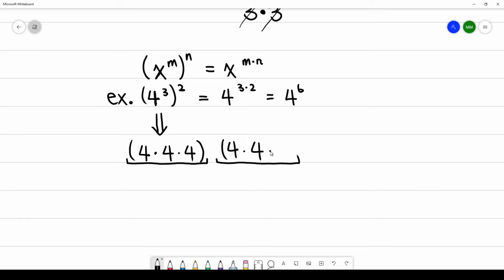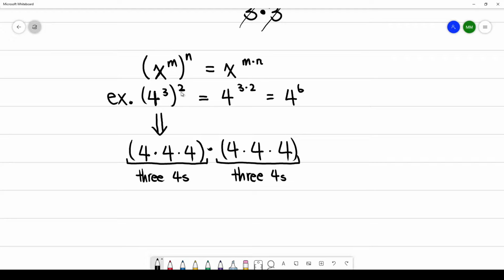So you have 3 4's multiplied by 3 4's. So 1, 2, 3, 4, 5, 6. Now you can just count it up, and that's equal to 6.